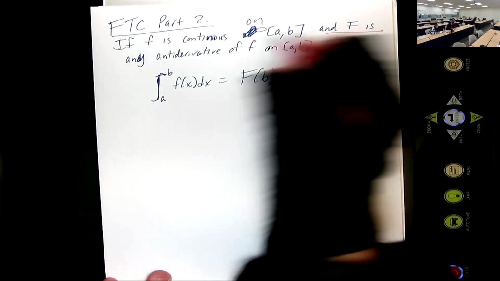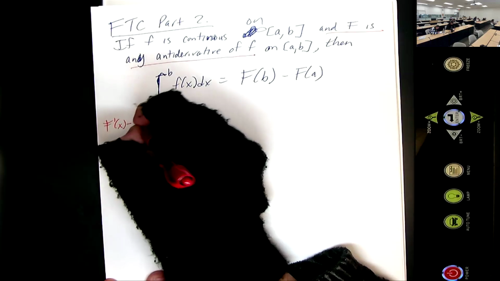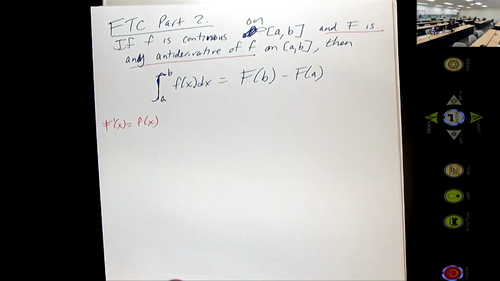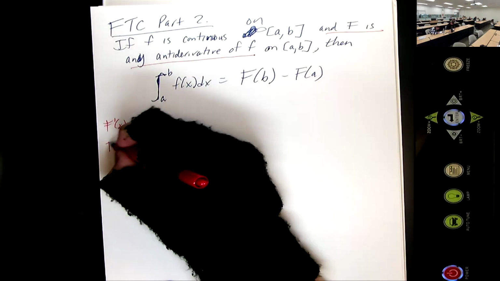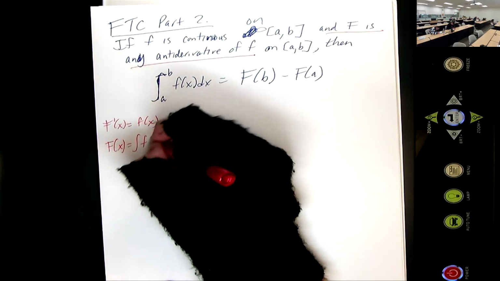This middle part here is like saying F prime of x equals f of x. So taking the integral of both sides, we get F of x equals the integral of f of x.